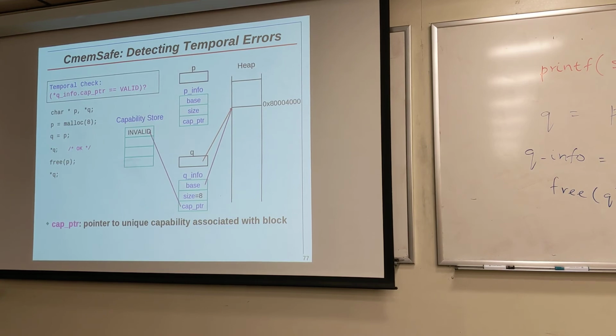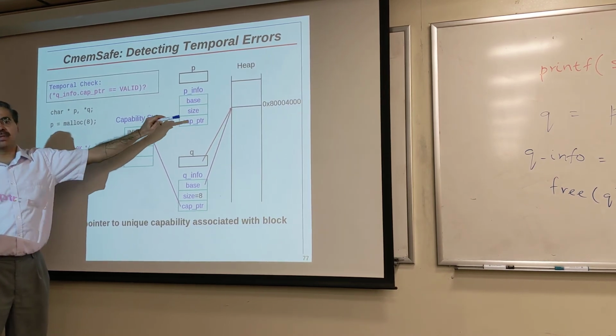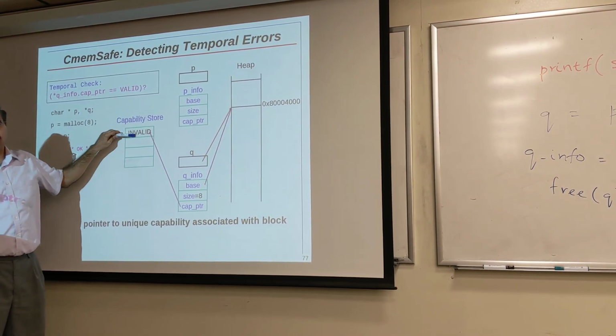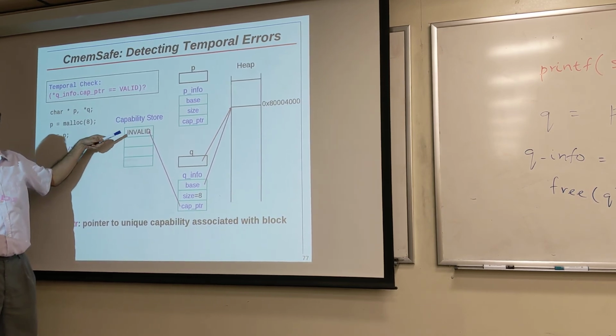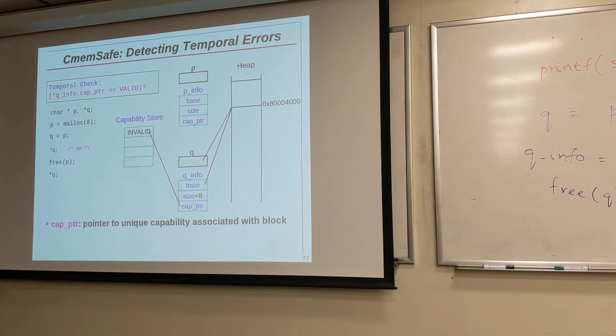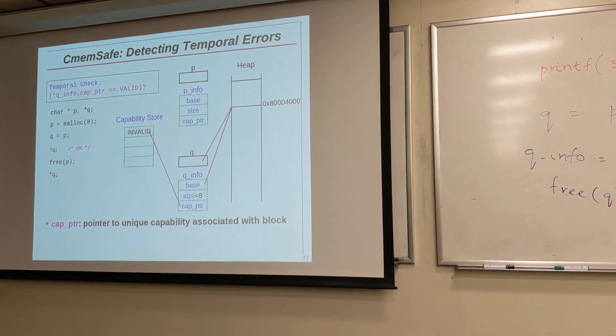Instead, you can keep a sequence number here, and a sequence number here, and the validity check can be whether the sequence numbers match. And then every time you reuse this, you're going to increment the sequence count. If you think about it, you might understand how it works. If not, don't worry. The higher level bit is that it doesn't have to be that wasteful. You can reuse the capabilities.